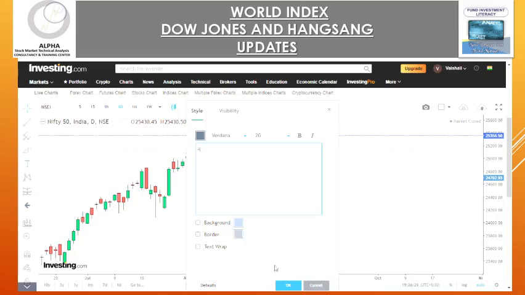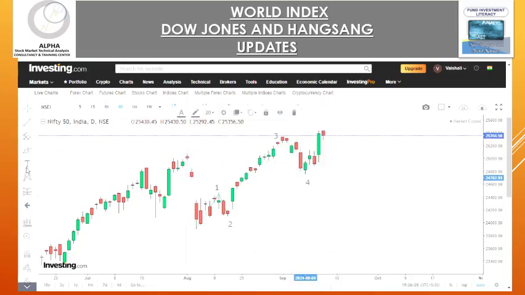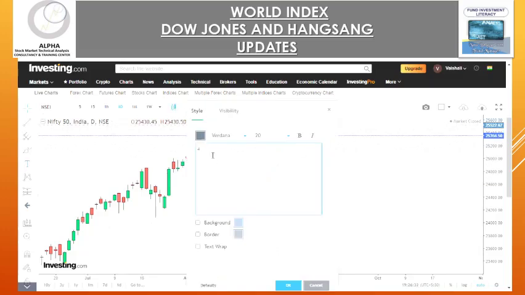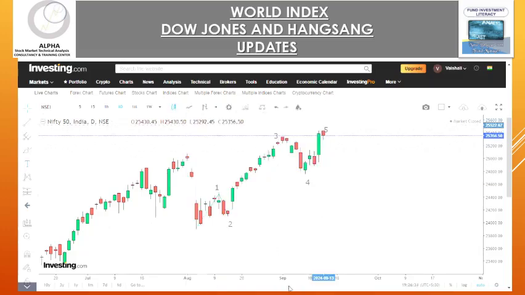And last but not the least, the fifth. So that's how we do the counting of the waves. Here we go, just taking my trend line and showing you. That's my five motive waves, five in total.